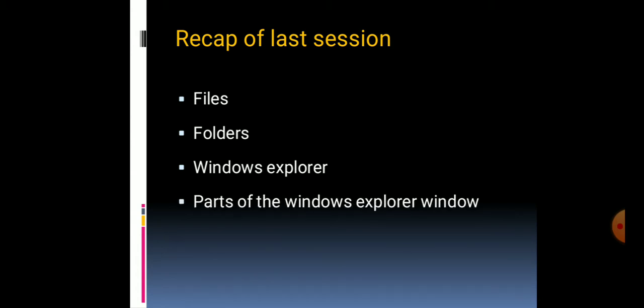We have seen the parts of the Windows Explorer window: the navigation pane on the left hand side, the file list pane on the right hand side, the address bar which gives the complete path, the search box which gives you the option to search a file, the toolbar which provides many buttons for common tasks, back and forward buttons to move back and forward, and the view button to view the icons in small size, large size, extra large size, medium size, etc. These we have discussed already in the previous class.